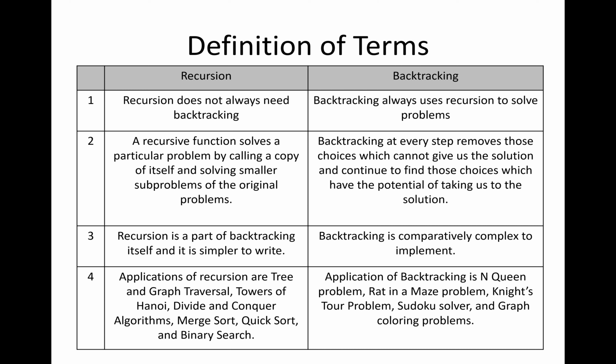And then backtracking at every step removes those choices which cannot give us the solution and continues to find those choices which have the potential of taking us to the solution. Recursion is part of backtracking itself, and it is simple to write, but backtracking is comparatively complex to implement.